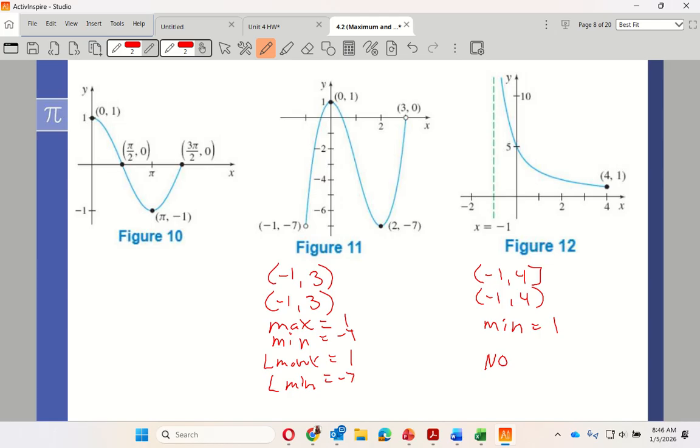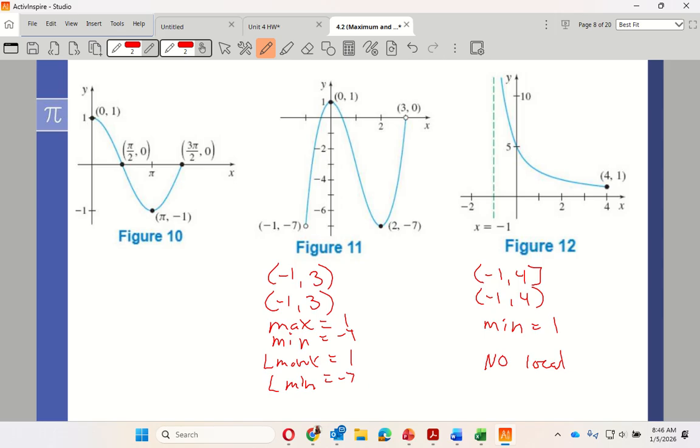Now, this one over here, it keeps going up infinitely as I get closer and closer to -1, so it goes up to infinity, doesn't it? Yeah. So I can't get a maximum number off of that. But I can get a minimum, right? And local can't have endpoints, yes.